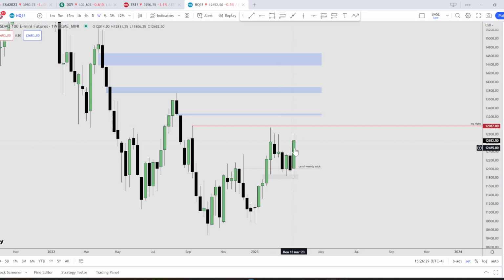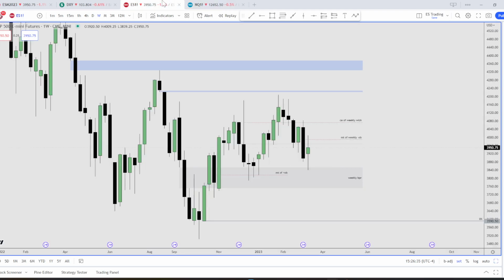So I'm pretty sure the Nasdaq is going to attack these highs here, which in turn ES is probably going to do somewhere around the same area. I would be looking at this area right here if a SMT forms in April. Okay, and if it can go higher, that means we're gonna tap into this volume imbalance. Okay, and these lows right here will stay intact. That is what I'm anticipating.